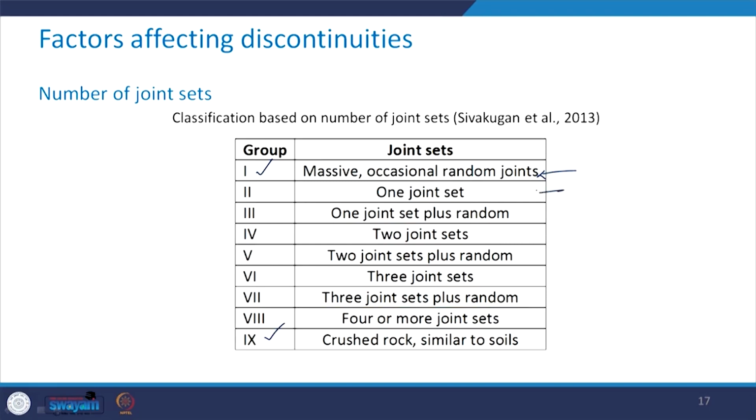One joint set, second group. Likewise, as the number of joint sets increases, the group keeps changing from first to group 9. The description has been given here.